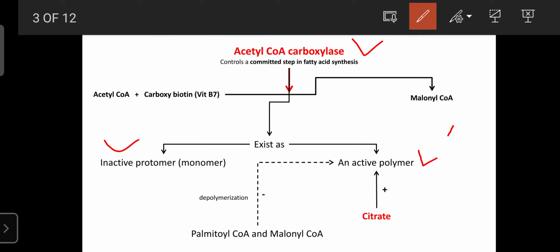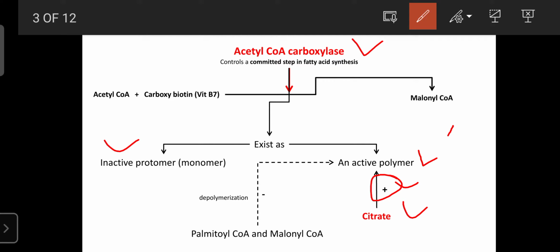So here certain substrates are there, that is citrate. This citrate enhances the polymerization of this enzyme. Citrate can enhance the polymerization of acetyl CoA carboxylase. It means it can enhance the amount of the active form of acetyl CoA carboxylase.